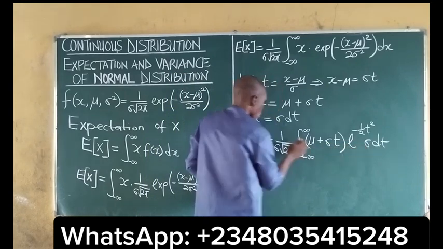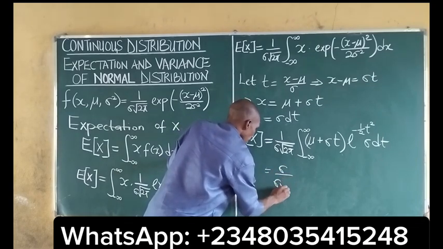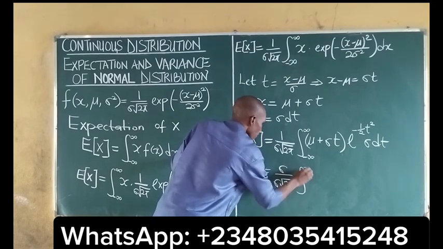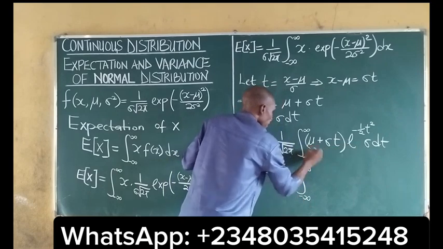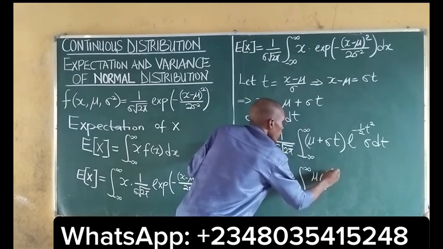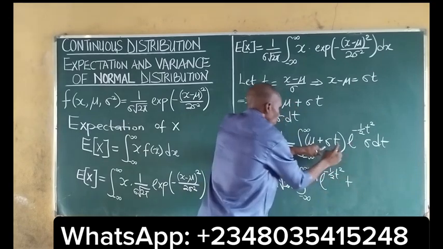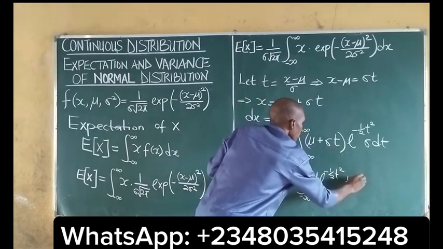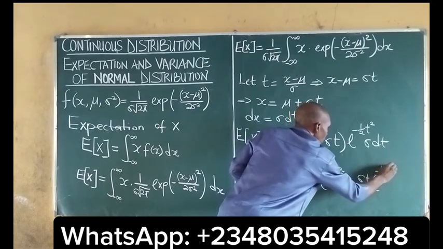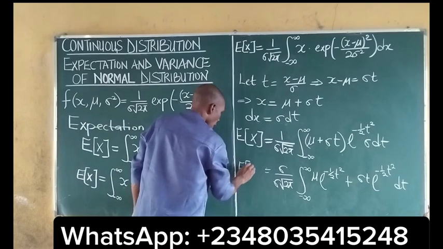Of course, this sigma will come over here to give us sigma all over sigma square root of 2 pi, integral of mu e to the negative 1 all over 2 t squared, plus sigma t exponential negative 1 all over 2 t squared, dt. So this is our expected value of x.